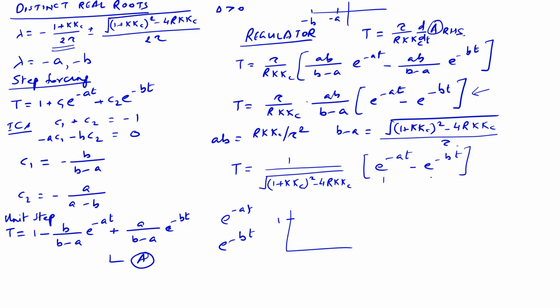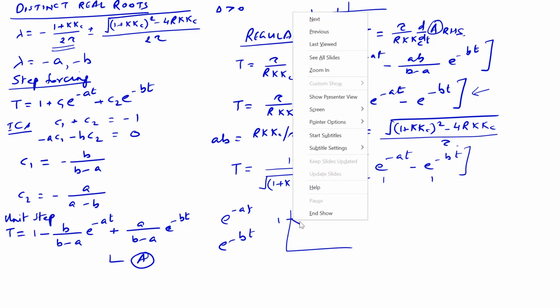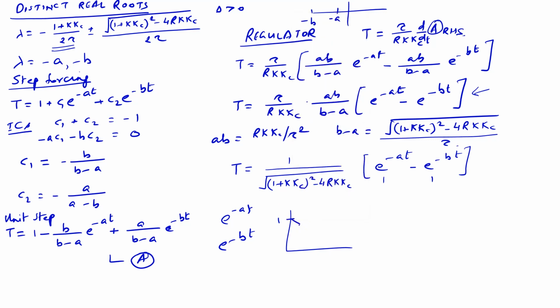So 1 minus 1 will be 0. So at time t equal to 0, you got a 0. And then e to the power minus at will decay slowly because a is small in magnitude, whereas e to the power minus bt will decay faster.